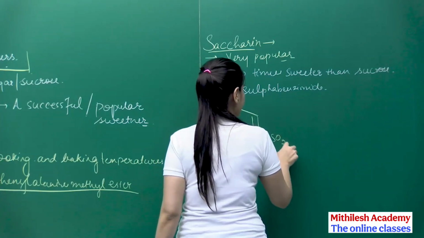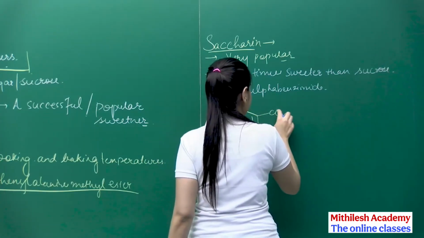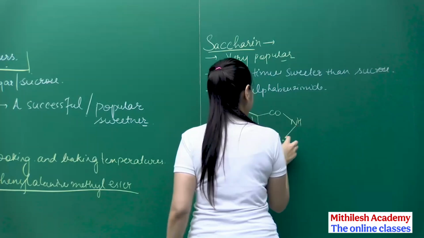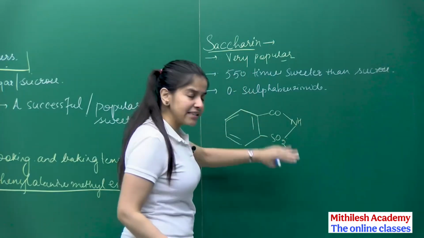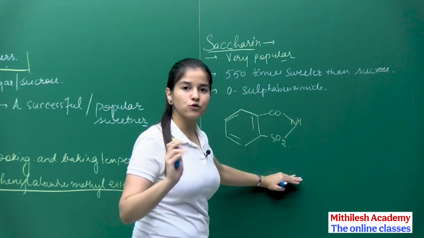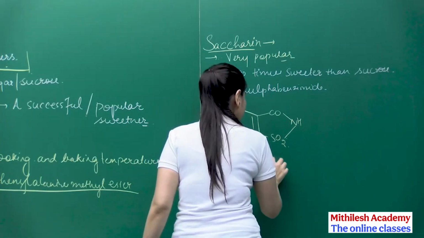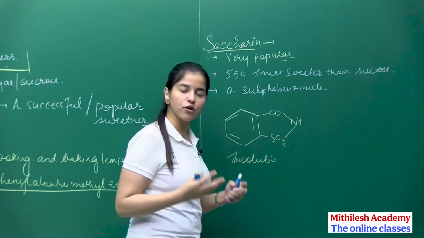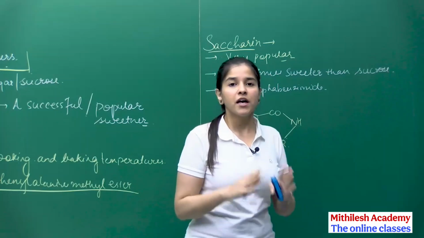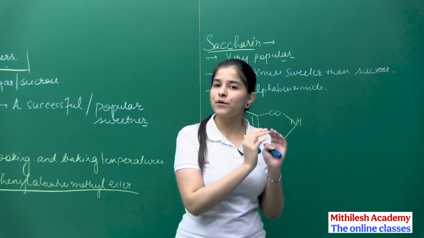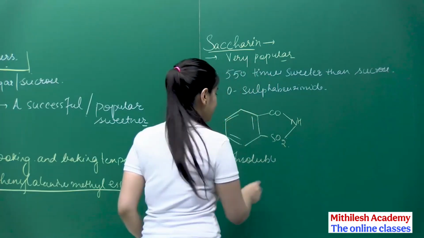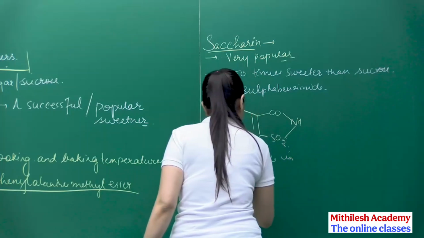That is what is known as saccharin. And this very structure is insoluble in water. So I may be having a salt of this structure in order to make it soluble in water, in order to make it a proper sweetening agent. So basically this is insoluble in water.